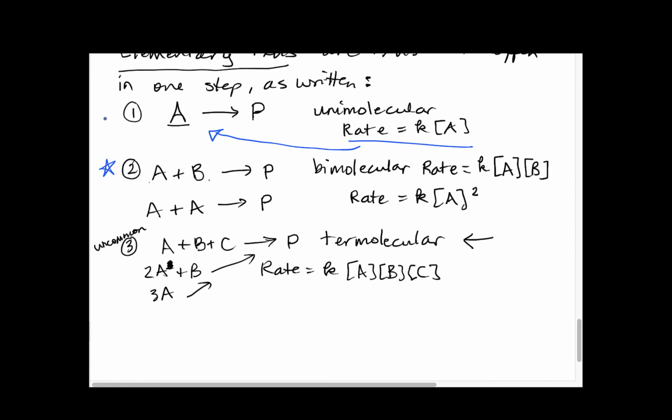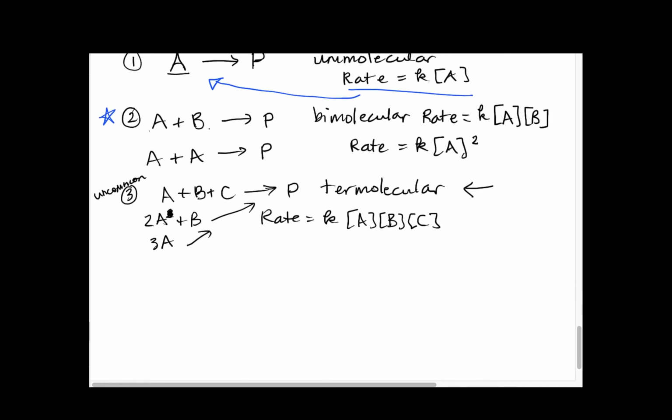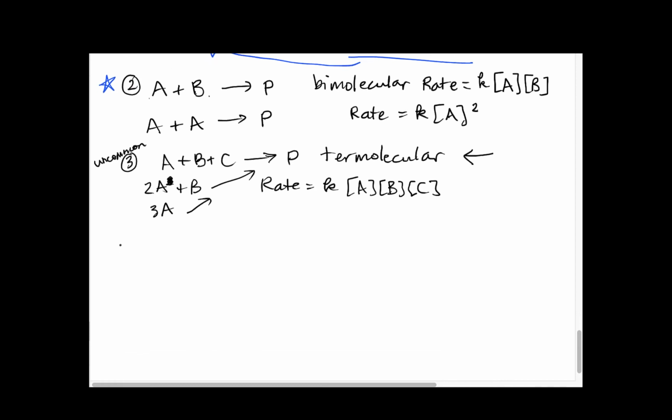So let's go ahead and look at an example problem here to illustrate the reaction mechanisms and the elementary reactions. The reaction that we're going to look at here is 2 nitric oxides plus bromine gas turning into 2 BrNO.